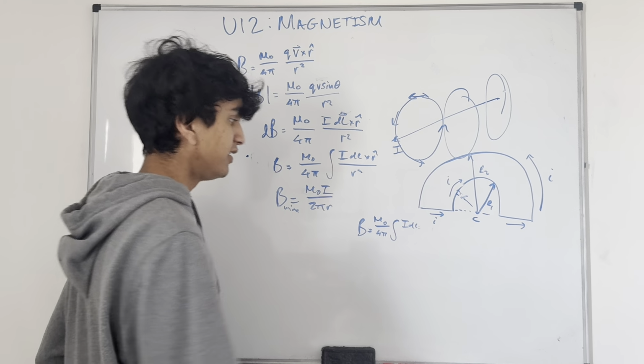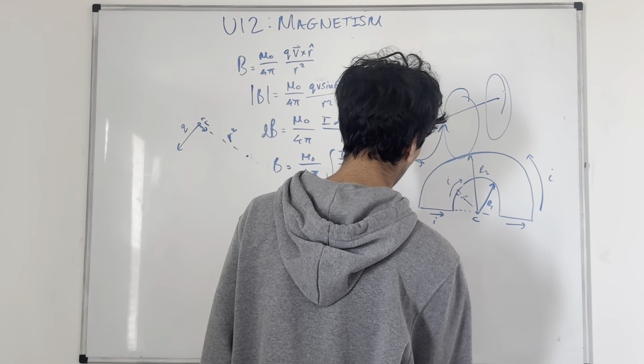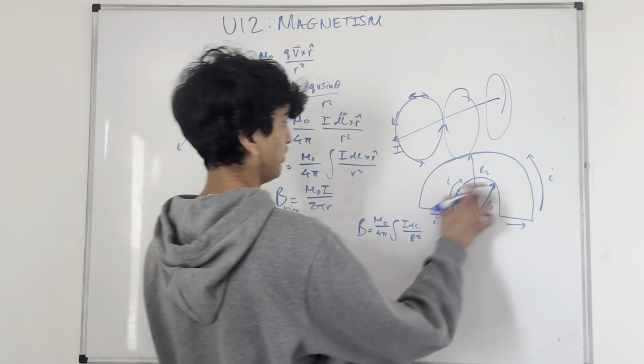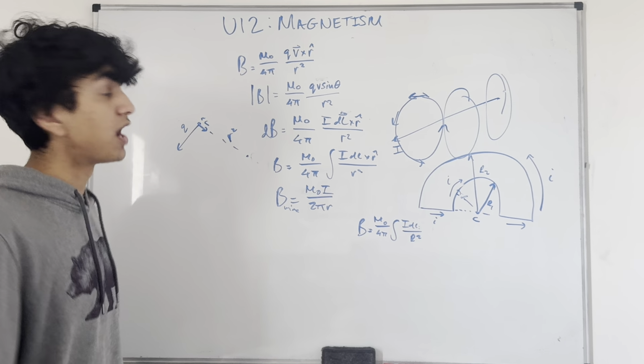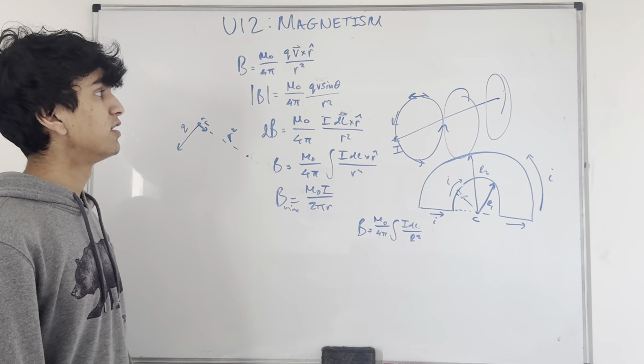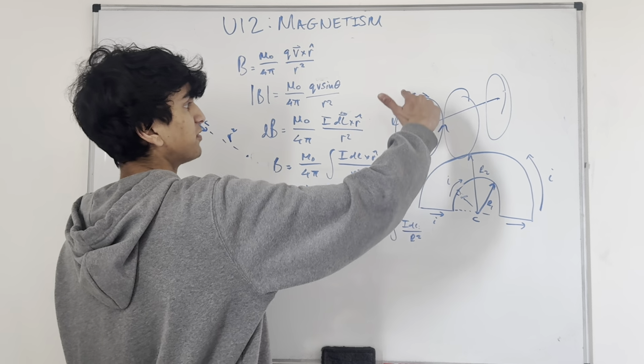So I dl over r squared, well, for one section of this, if I think about the right-hand rule, I should mention the second right-hand rule.